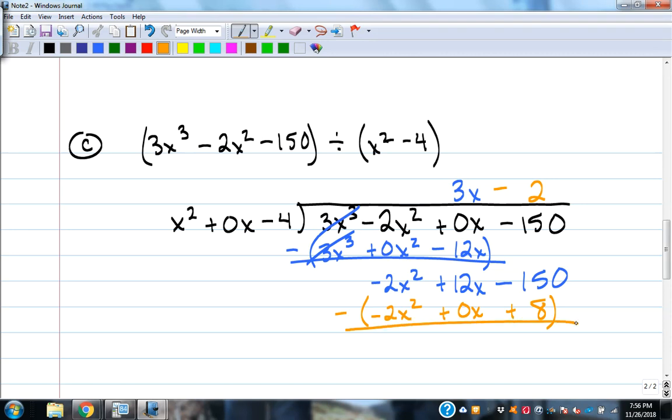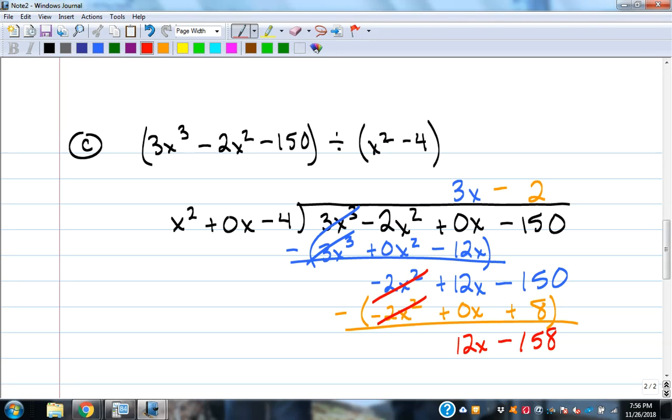Parentheses, subtract. X squareds go away. 12 minus 0, still 12x. Negative 150 minus 8. Negative 158. Single negative. Negative 150 minus 8.